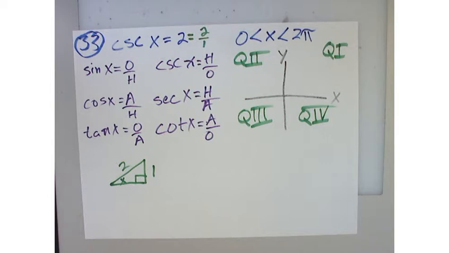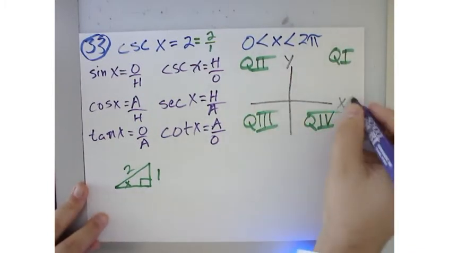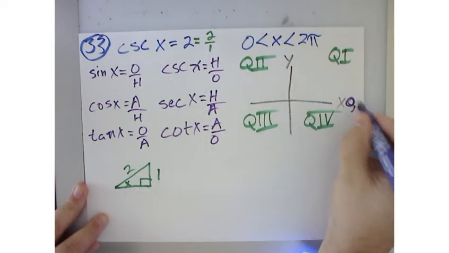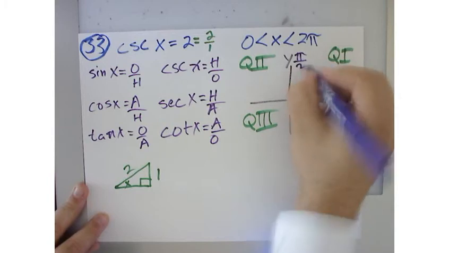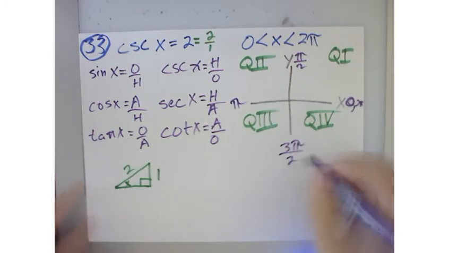So I'm not interested in these quadrants. When we say 0 to 2 pi, we're talking about 1 full revolution. So this is 0, and if I swing all the way around, it becomes 2 pi. This is pi over 2, this is pi, this is 3 pi over 2, those 90-degree angles.